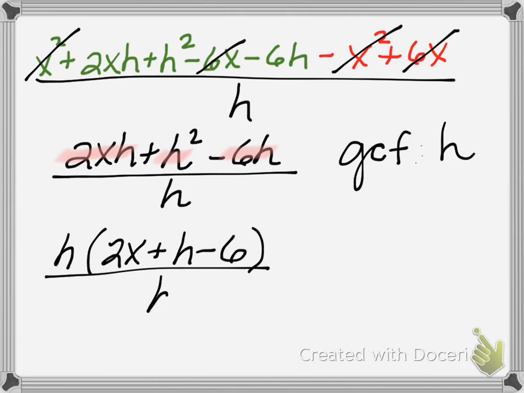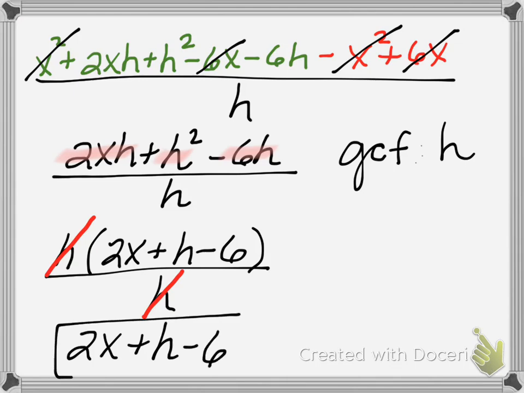And by factoring out the h, now we have multiplication in the numerator, which allows us to divide out the h in the denominator. H divided by h will equal 1. So we are left with the expression 2x plus h minus 6, which will be our final answer if we're asked to evaluate the difference quotient for this function.